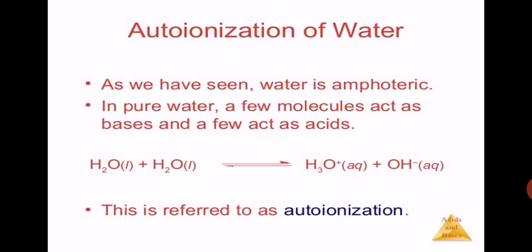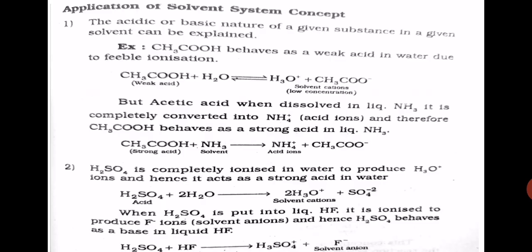Here, water plus water gives us H3O+, that is in aqueous medium, and OH-, that is in aqueous medium. This is referred to as autoionization. Now, applications of the solvent system.